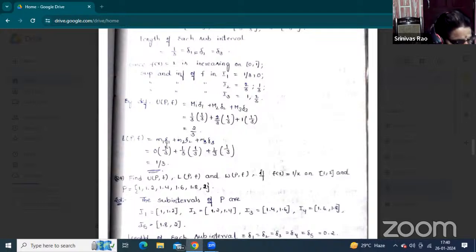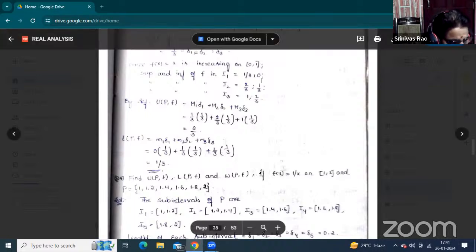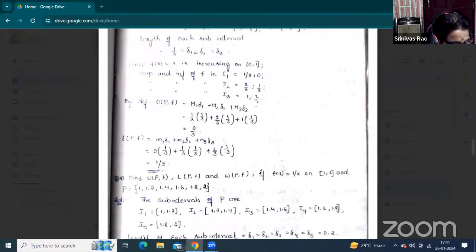That value is small m1 del 1 plus small m2 del 2 plus small m3 del 3. That is simply notated as the summation r equal to 1 to 3 of small mr del r. What is the small m1? 0. Small m2 is 1 by 3. Small m3 is 2 by 3.